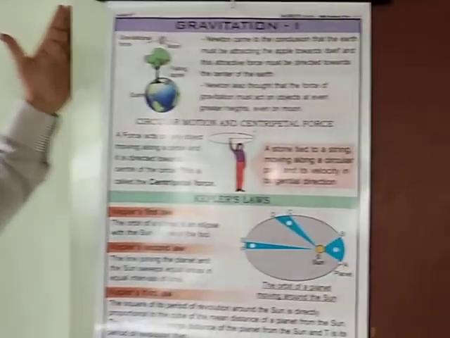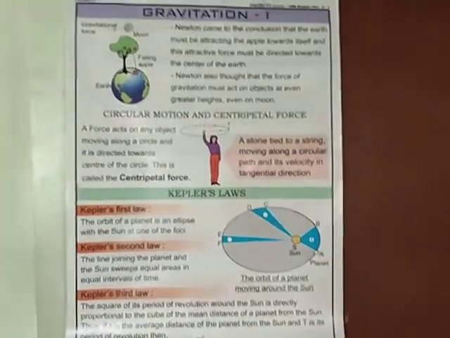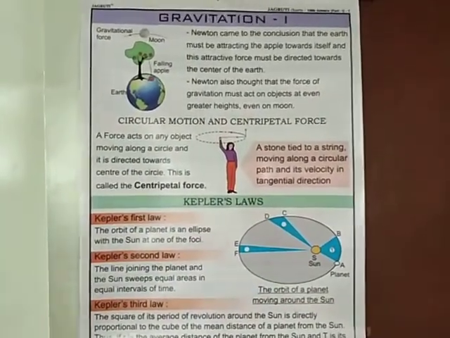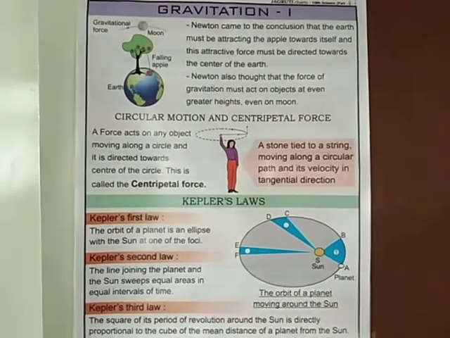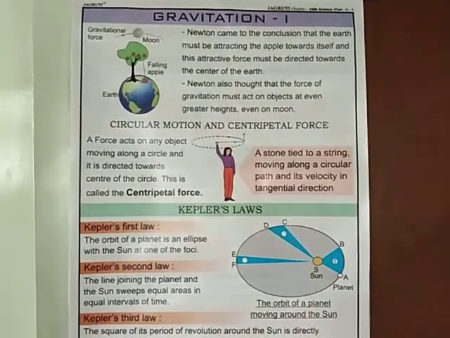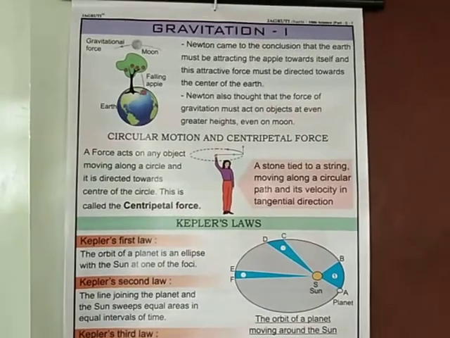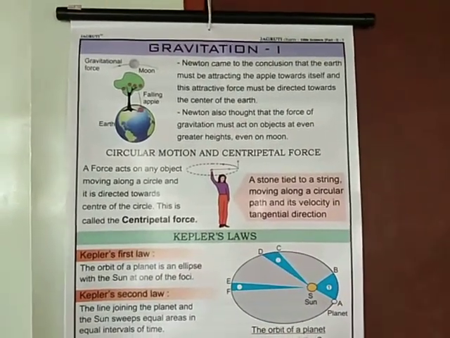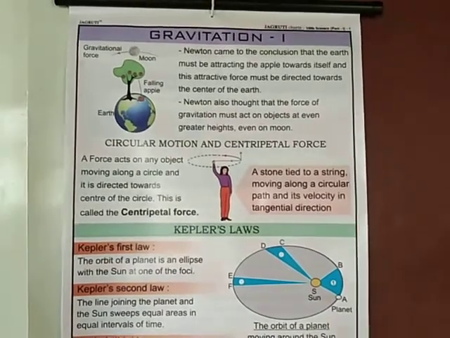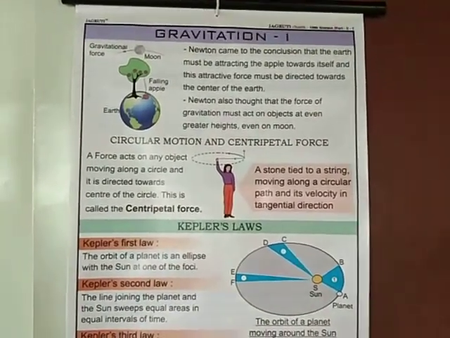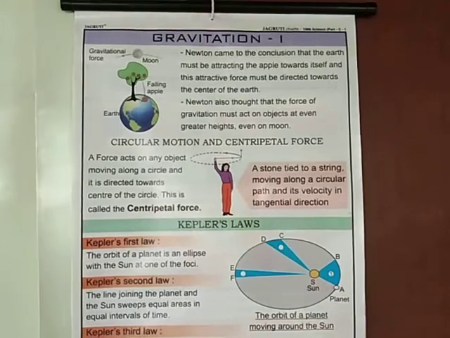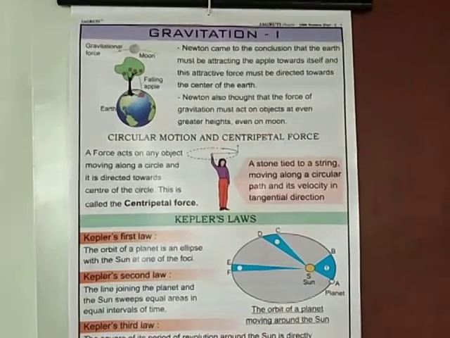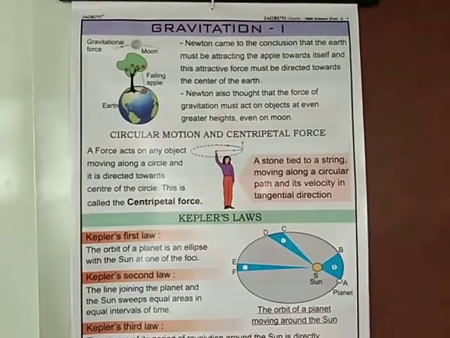In gravitation, you see gravitation 1, that means gravitational force. Newton came to the conclusion that the earth must be attracting the apple towards itself, and this attractive force must be directed towards the center of the earth. Newton also thought that the force of gravitation must act on objects at even greater heights, even on the moon.